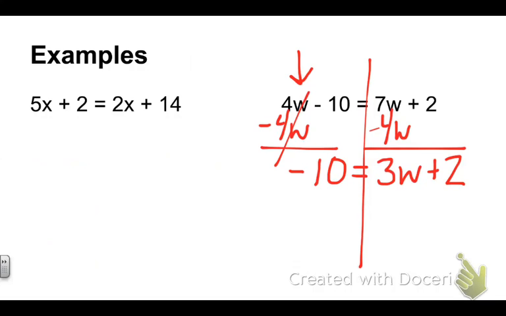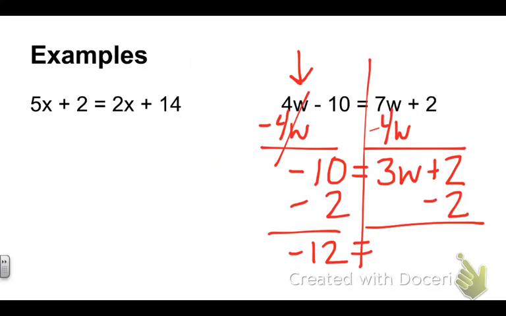And then you can get rid of your numeric terms, get rid of that positive 2 by subtracting 2 on both sides, which would give you negative 12 is equal to 3W. Again, I'm not going to solve all the way. I just want to show you how you get your variables on one side and you get your numeric terms on the other side. Okay? Doesn't matter if your variables are on the right side or the left side, you just need to get them on one side. Okay?